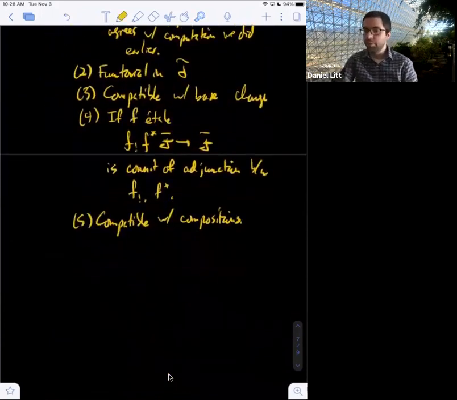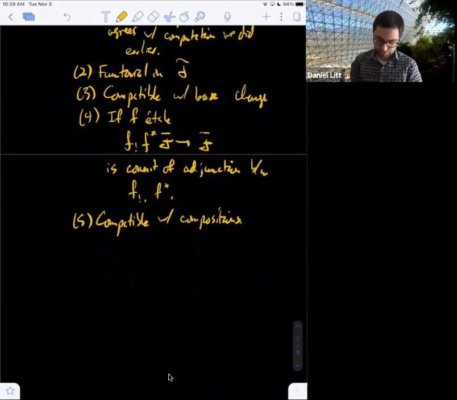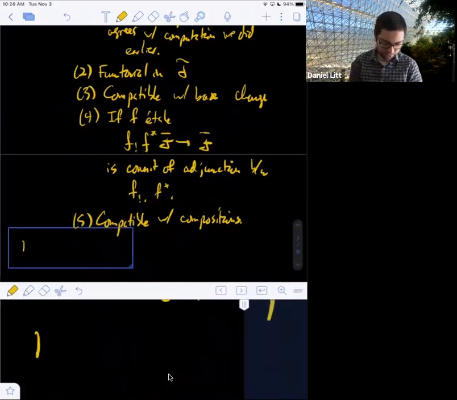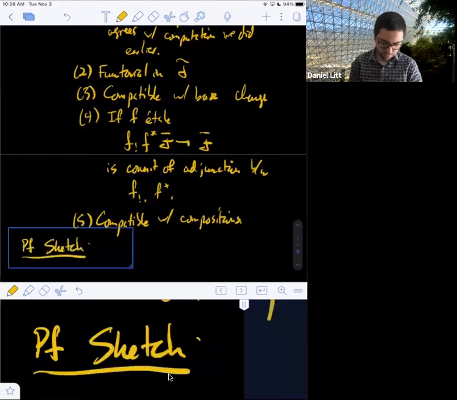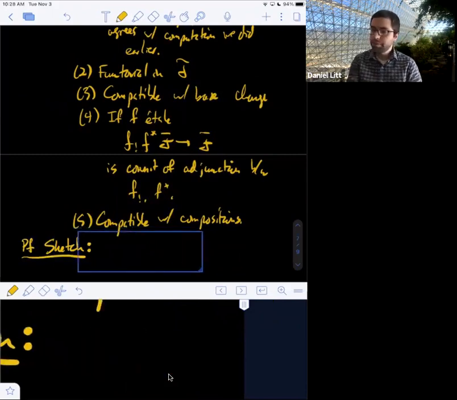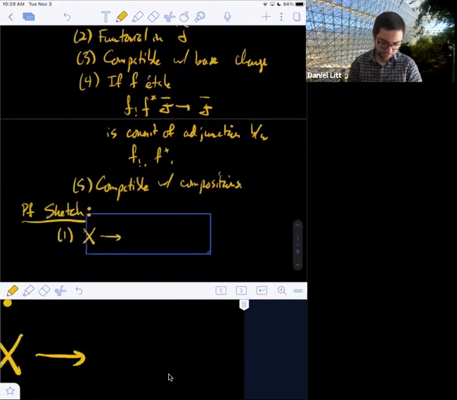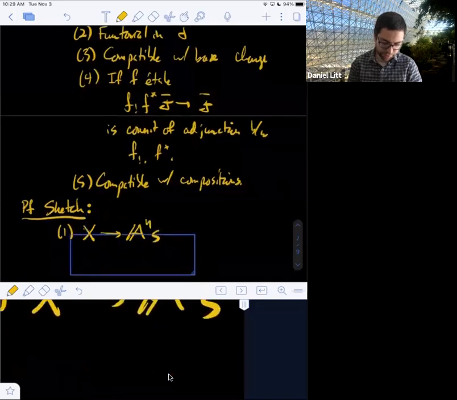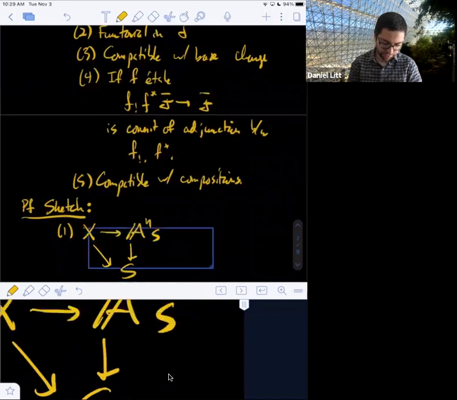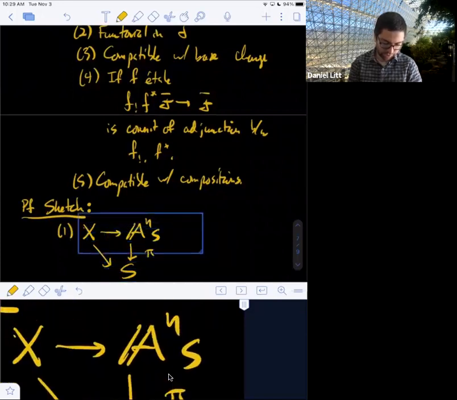Okay, so let me say a word about the proof. So proof sketch. So suppose we're in the following situation. So suppose we have X to affine space over S to S, where this is just the projection and this is Etale.